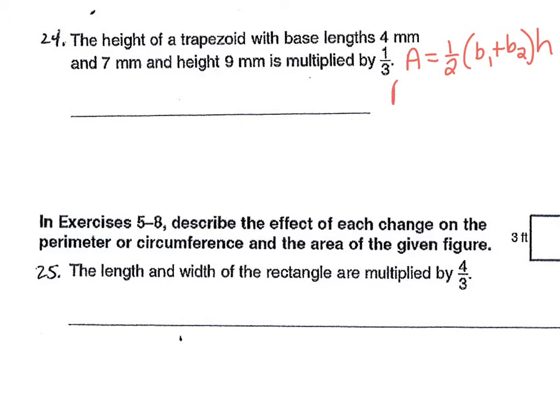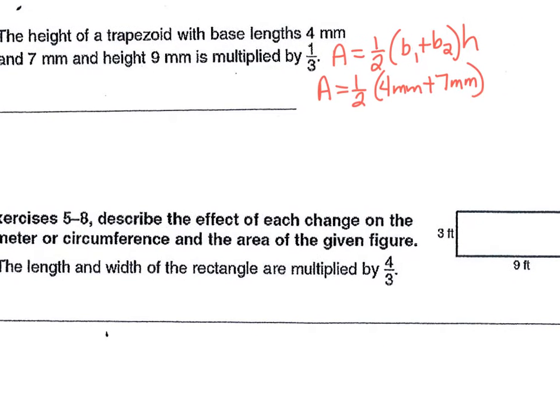So when I get the area of the original figure, that would be 1/2 times 4 millimeters plus 7 millimeters, and then times the height, which is 9. And then we'll simplify that. 7 plus 4 is 11 times 9 is 99 over 2, right? Yes, because it's half of that. And this is in square millimeters.